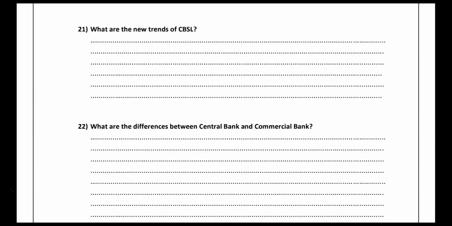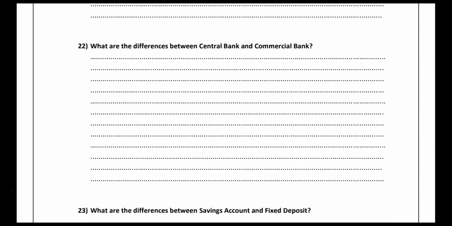Earlier they had only 3. They increased it to 5. So that is another new trend. Write it down. They have increased the number of members in the Monetary Board from 3 to 5.